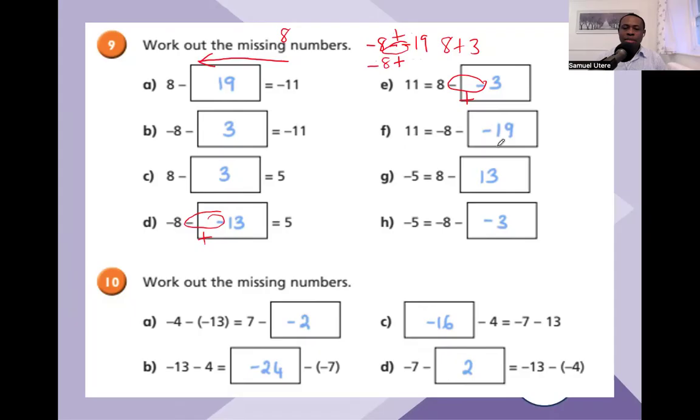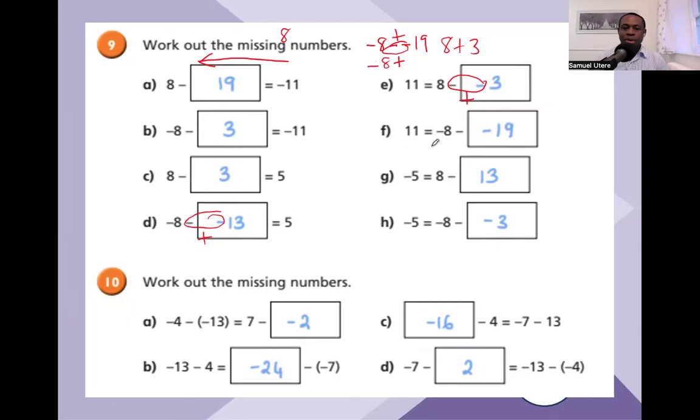Another way to think about it is to do inverse operation, all right? So if you do inverse operation, it means that if this moves over here, it's going to become a positive.